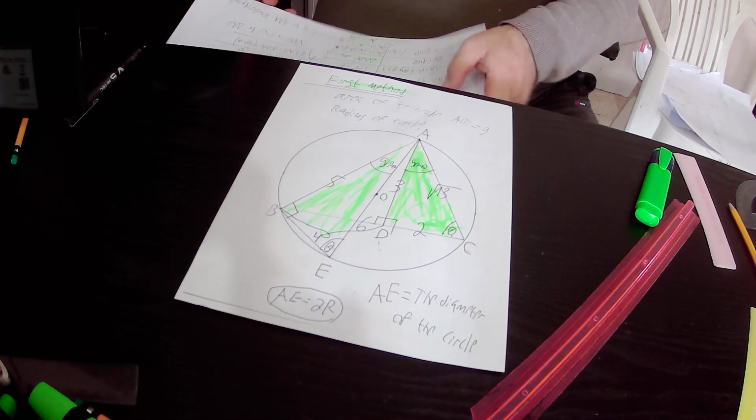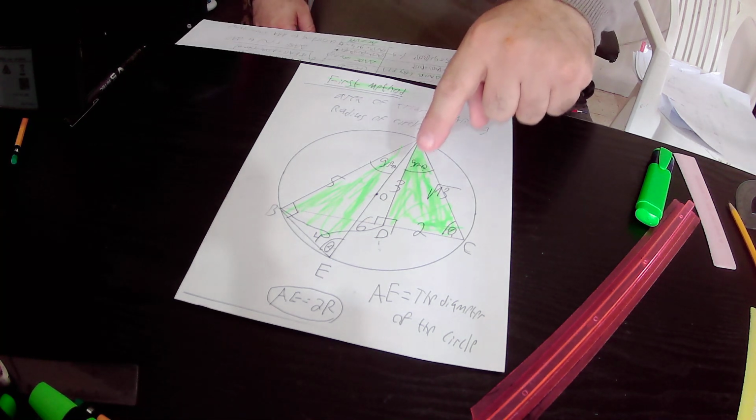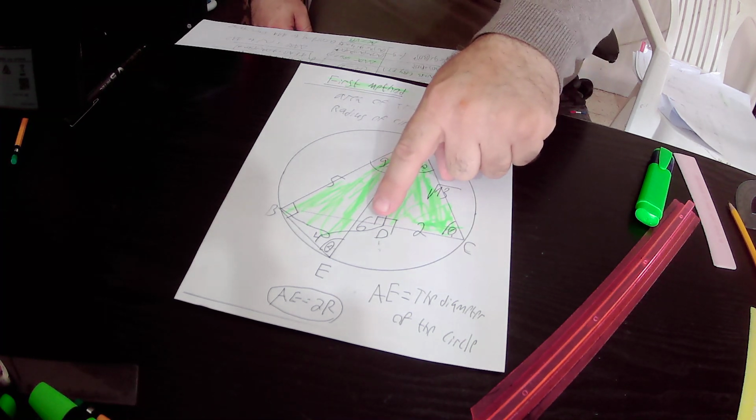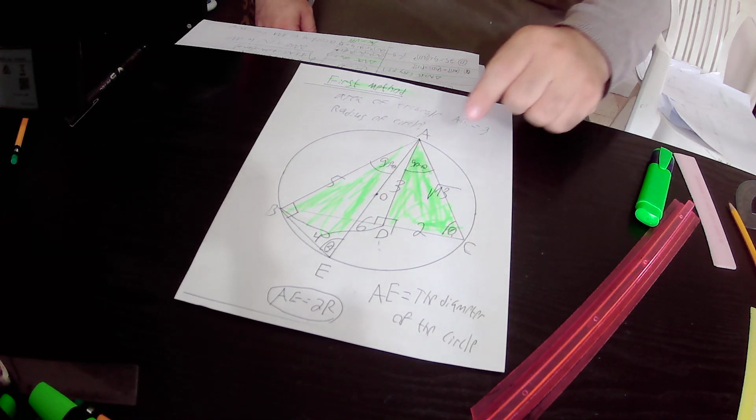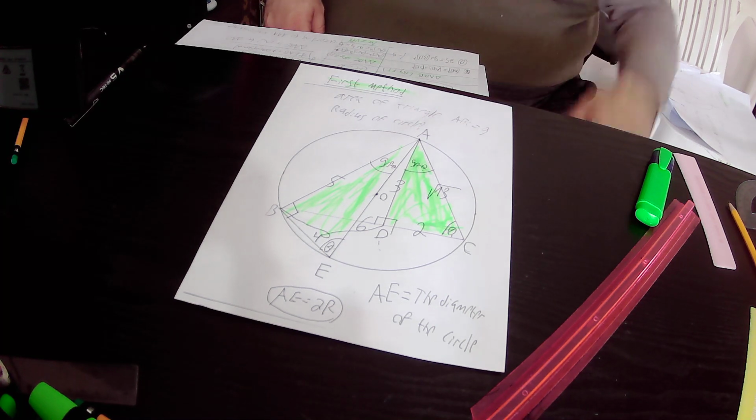First of all, from point A we draw a perpendicular to BC, so this angle equals 90 degrees, and this angle also equals 90 degrees, according to our construction.